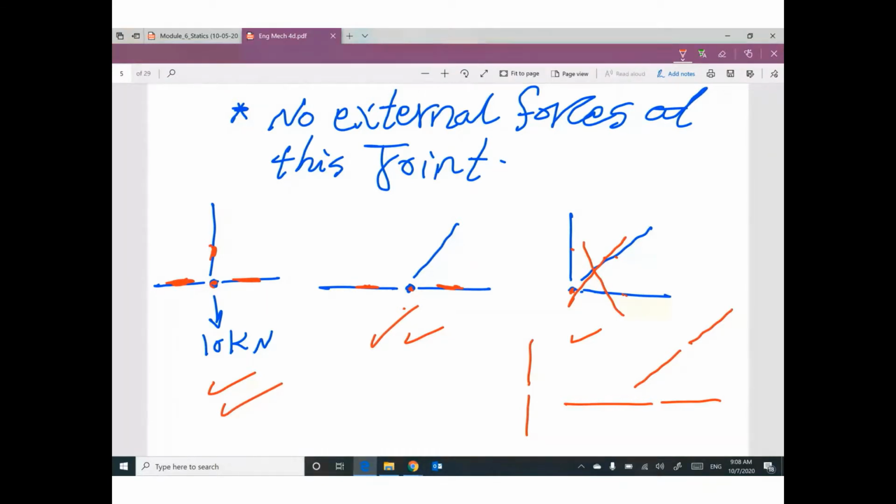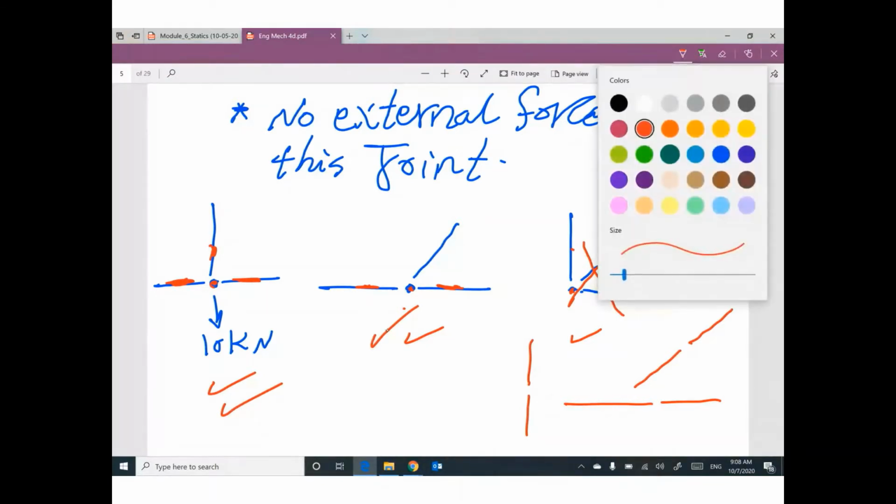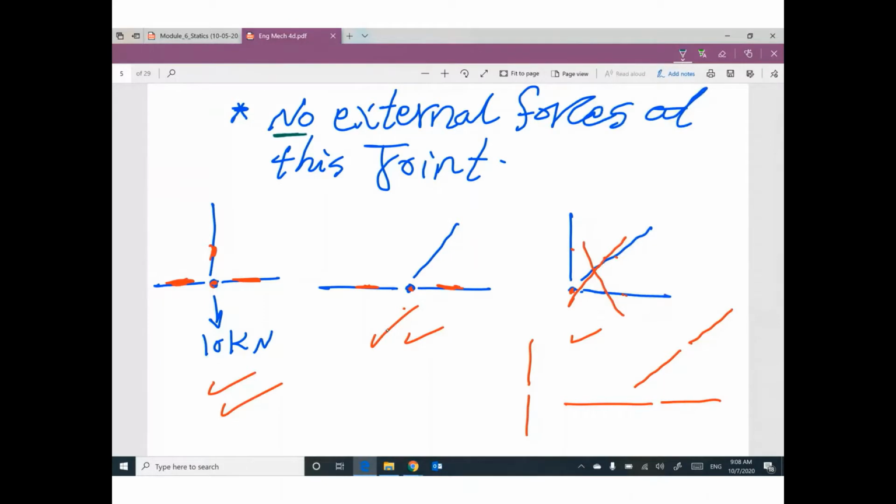Third condition. No external forces at this joint. Do you have any given forces at this joint? No, this joint is still working. Do you think we have external forces at this joint? Yes, we have 10 kilonewton.